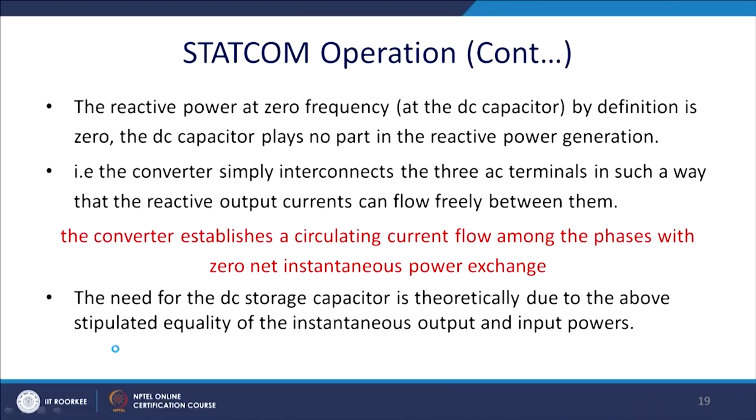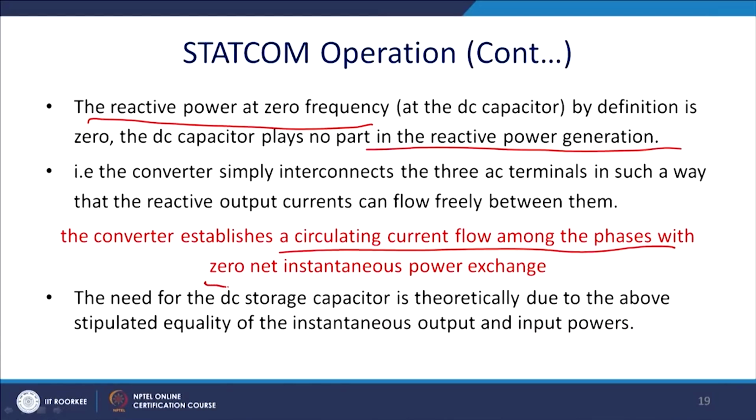Moreover, by definition, the reactive power at 0 frequency at the capacitor is 0. The DC capacitor plays no part in the reactive power generation. Please note that. So, the DC capacitor has nothing to do with the reactive power generation. That means the converter simply interconnects the AC terminals in such a way that it produces reactive power.